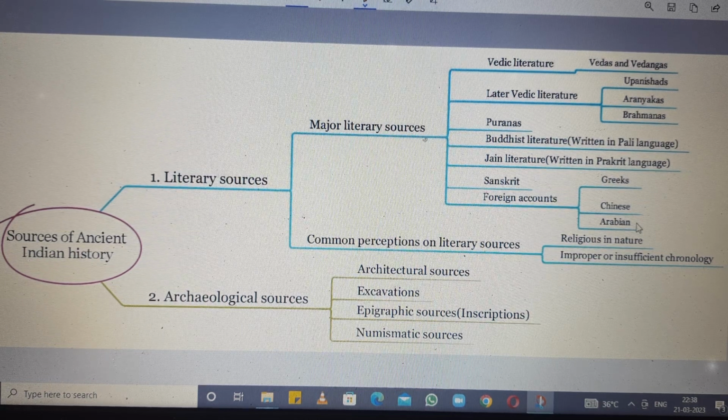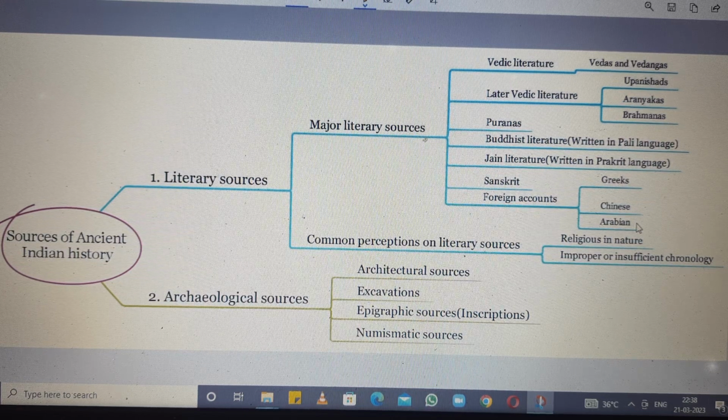We should not call it mythology, but according to the Britishers who came to India, they have given the Ramayana and Mahabharata the label of mythology. Though it's not a myth, many things are believed and many sources have been found.